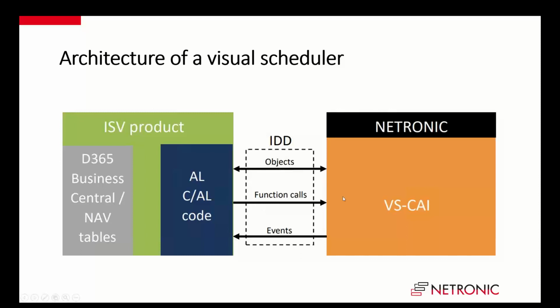So I'm sending over certain objects to this control add-in, and when I have interactions inside of this control add-in, I get events, and inside of these events, I often get objects transferred over as well, so that I know what interactions happened inside of the control add-in.